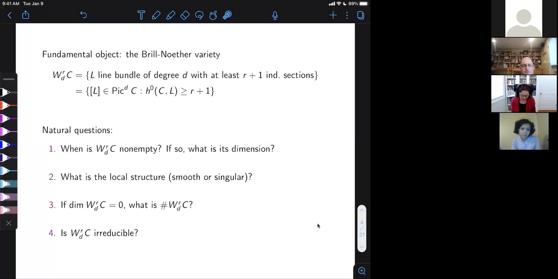The way I want you to think about this last question is that I've separated out for you two discrete invariants in this problem, which are the dimension of the projective space, r, and the degree of the line bundle, d. So this fourth question is asking, are the pair r and d the only discrete invariants here, or do I need to specify more discrete data in order to get irreducible moduli spaces? Okay, so those are the questions that we're going to talk about today in various contexts.